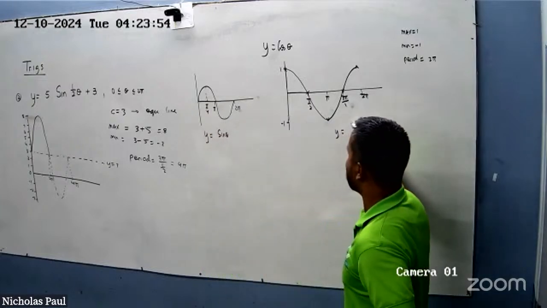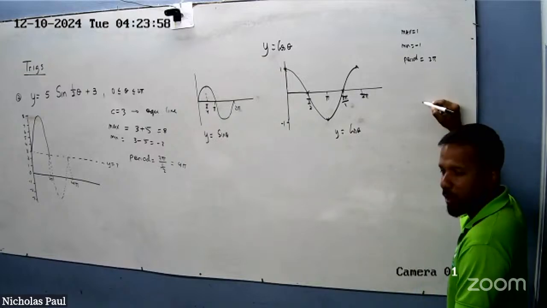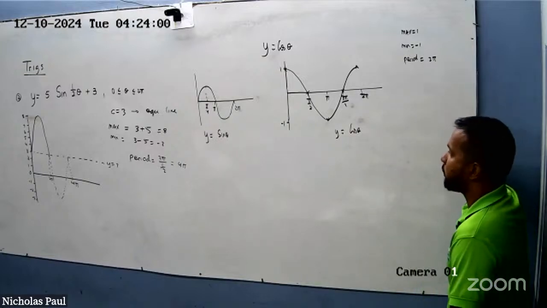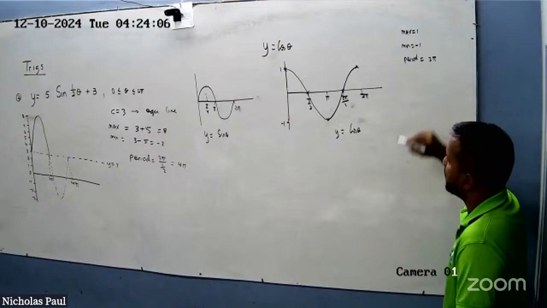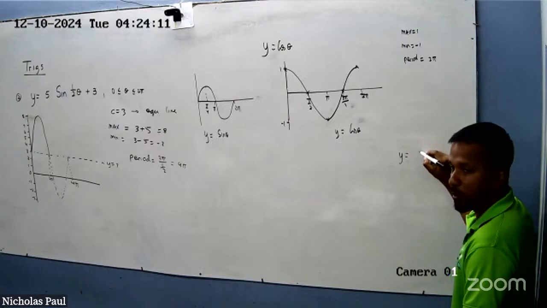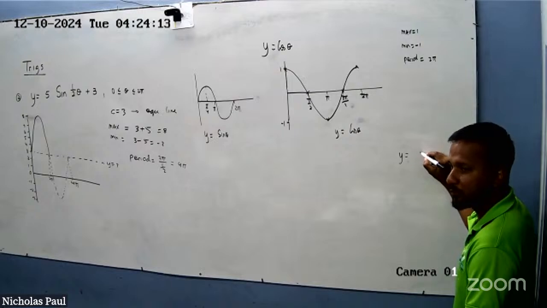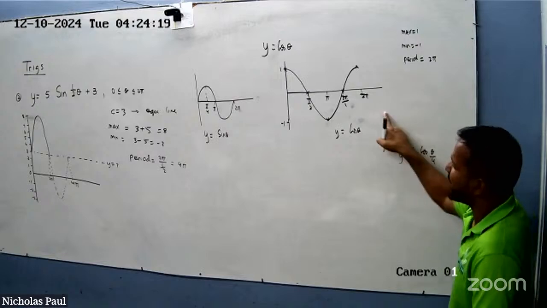This is y equals cos theta. So how can I make them equal? So I just move it that way. So y is equal to what? We'll make this look like that.